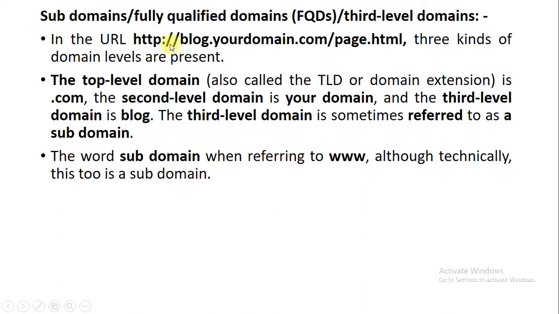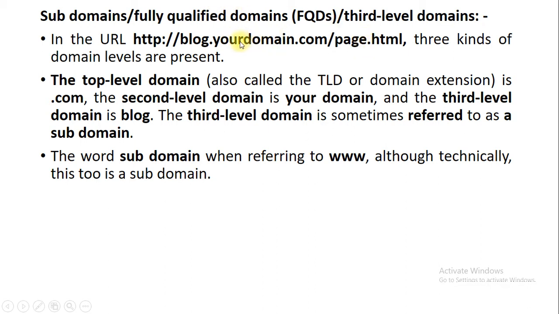So basically there are three kinds of domain which are available on the website, right? And over here we have taken the example of http colon / blog.yourdomain.com. Inside that again we have created one file which is called page.html.